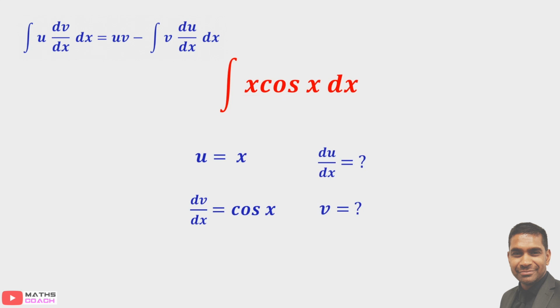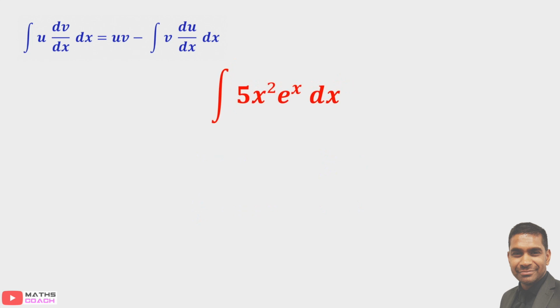If you look at the second example, we had 5x squared e^x dx with respect to x. We can clearly separate 5x squared and e^x as two separate expressions, as we mentioned before. Here, u would become 5x squared, and dv/dx would become e to the power x.